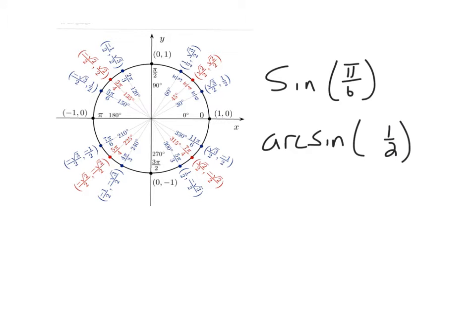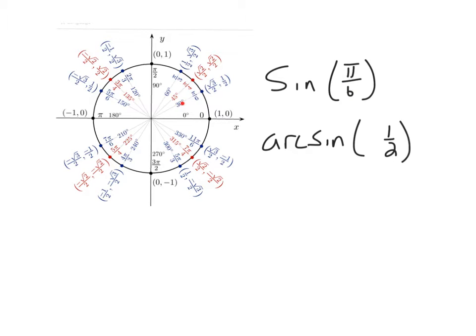So you spent some time in chapter 5 thinking about evaluating sine and cosine, tangent, cosecant, secant, etc. And some of you probably picked up that I can just use a unit circle for some of these values, and this says what's the sine of pi over 6?